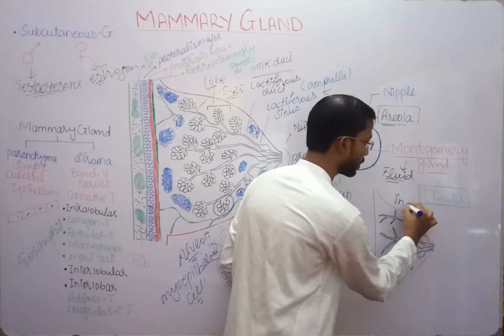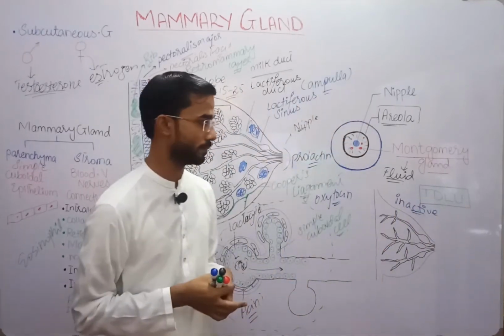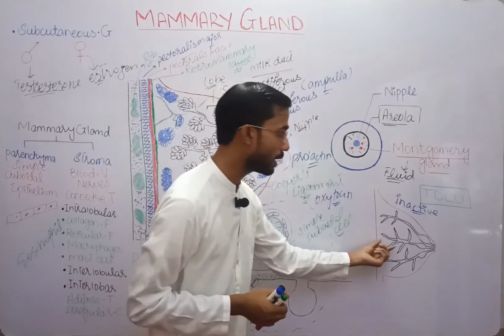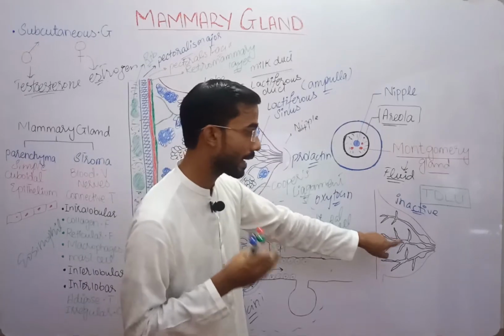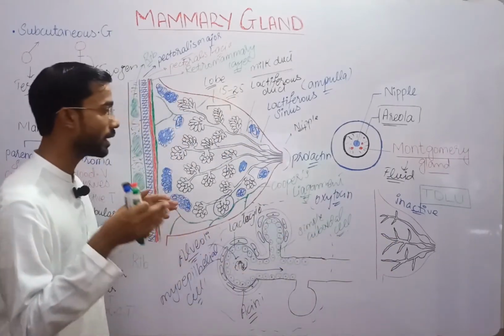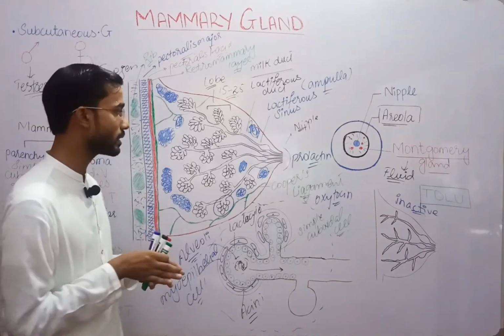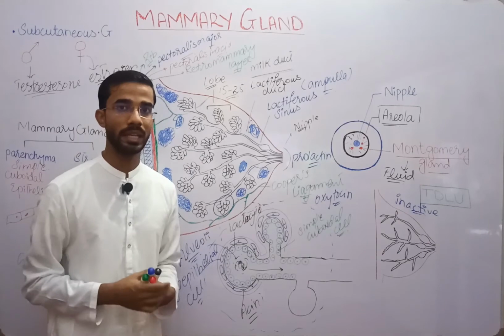There are duct-like structures at the end of the lactiferous duct. And if milk starts producing in the breast, then it will transform into lobe-like structures.